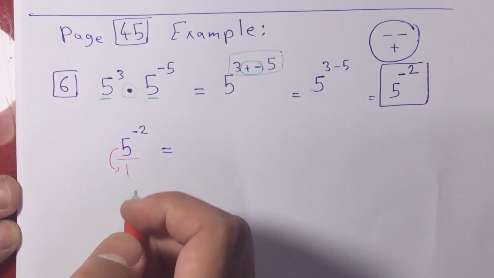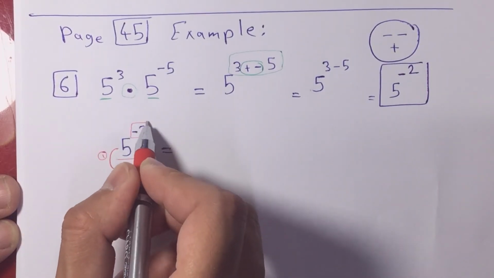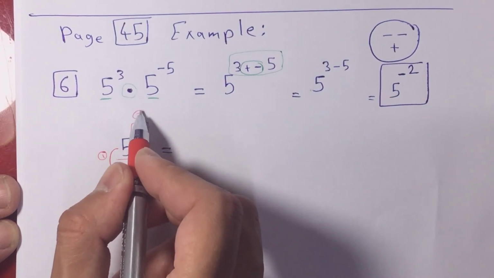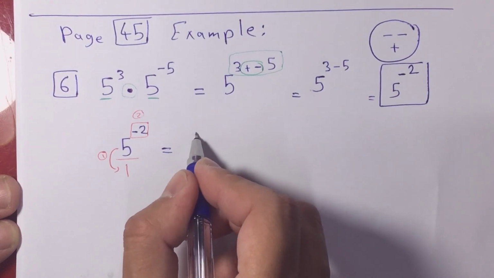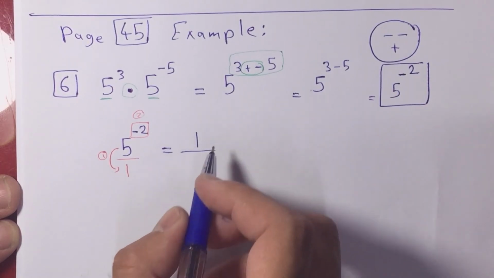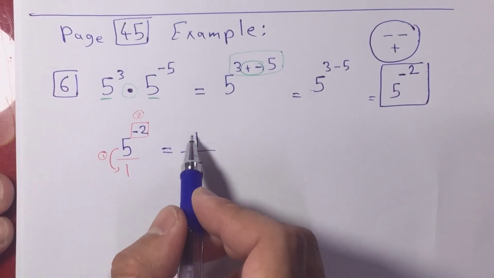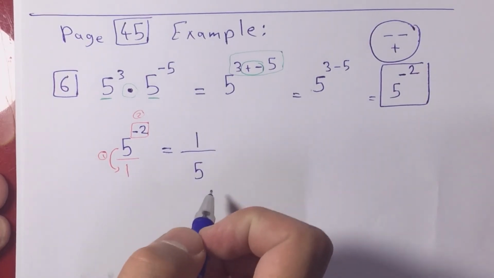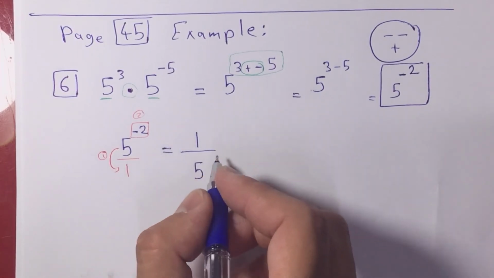This is the first step, and the second step is to change the sign of the exponent. Nothing is left in the numerator, so we write 1 over 5. So here we change the place of this 5, and then we change the sign of the exponent from negative 2 to positive 2.